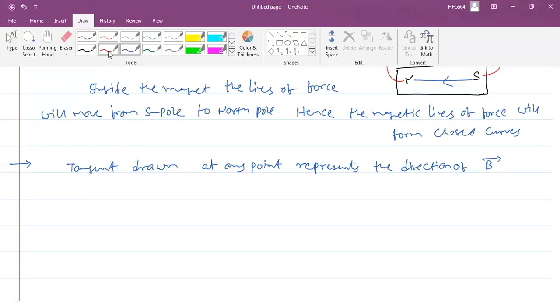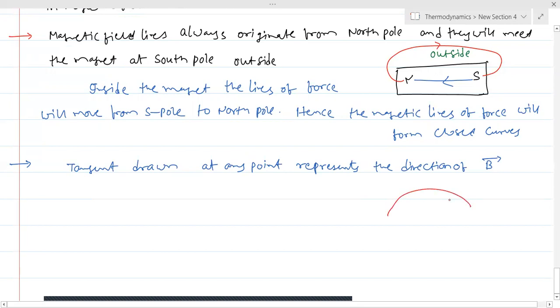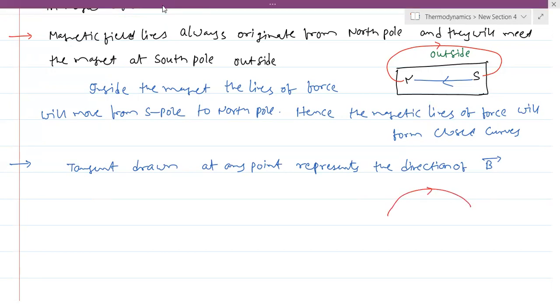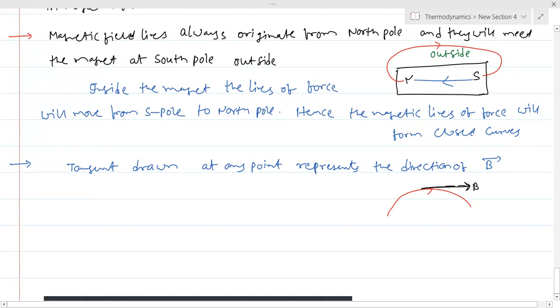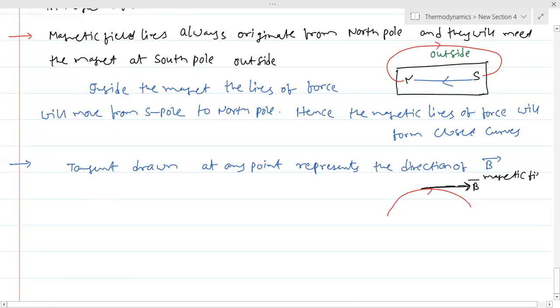So suppose I am taking this as a line of force. In the line of force, we are taking a vector tangentially, a direction. The direction represents the magnetic field direction. Up to now, simply you can study it as the direction of magnetic field. Later we will understand what we mean by B bar.